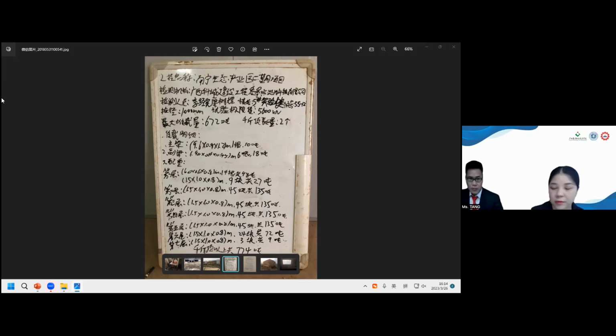The method should be based on the force characteristics of the pile itself.